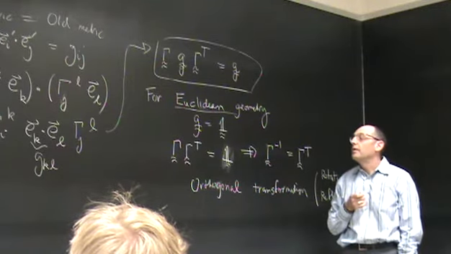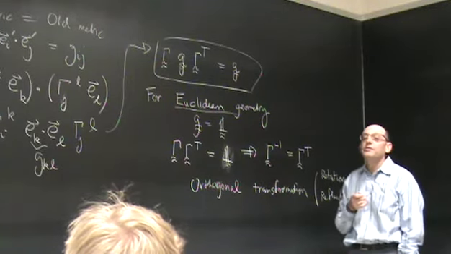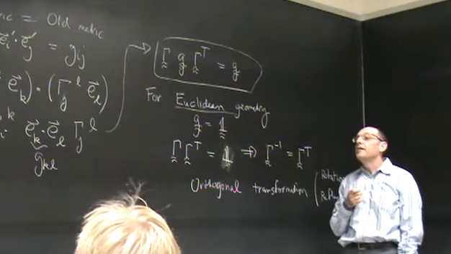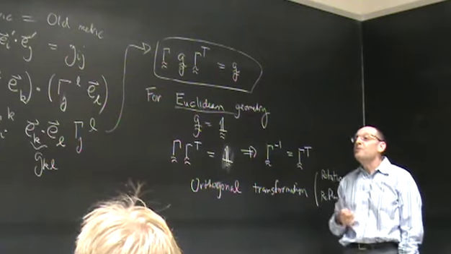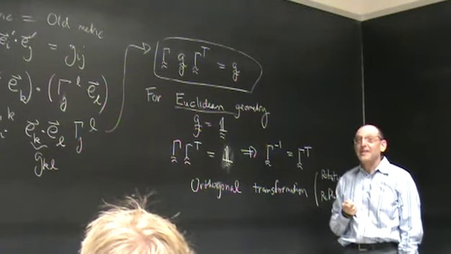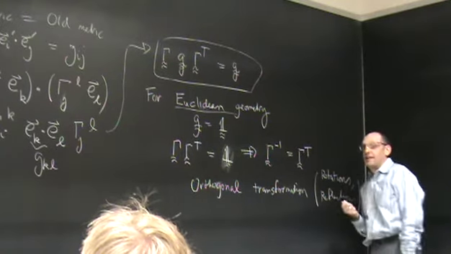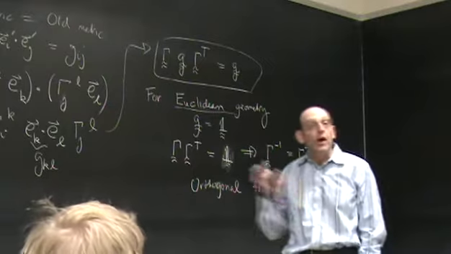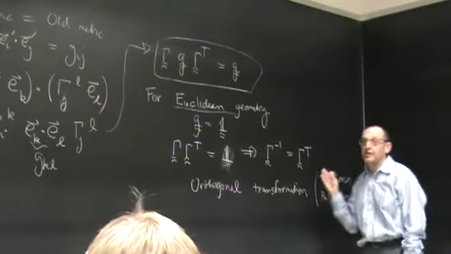No, they're not. What we're about to show is that the transpose of the inverse has an important meaning. But the transpose itself is not related to anything special. Only for Euclidean geometry is the transpose equal to the inverse.